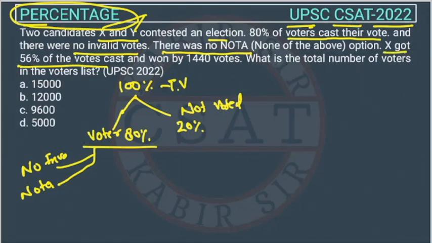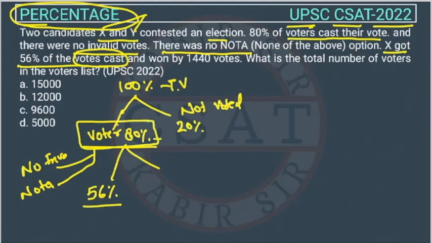Now X got 56% of the votes cast. So how many is X getting? Out of these 80%, 56% of the total votes cast, assuming this one as 100, because this 80% is the votes cast.